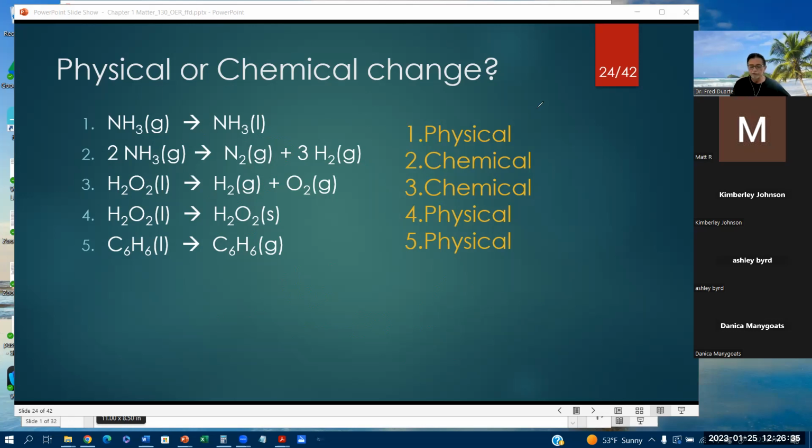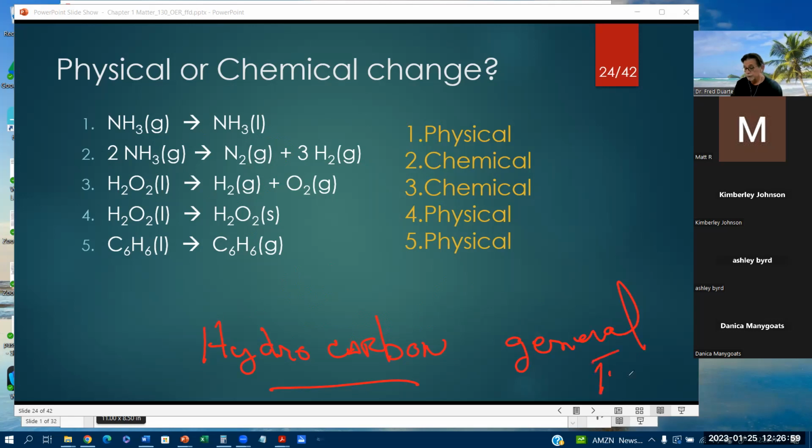You use a lot of it to run your vehicle or your motorcycle. Remember the term hydrocarbon? Hydrocarbon. That's a general term to describe any chemical that is made up of nothing but carbon and hydrogen.